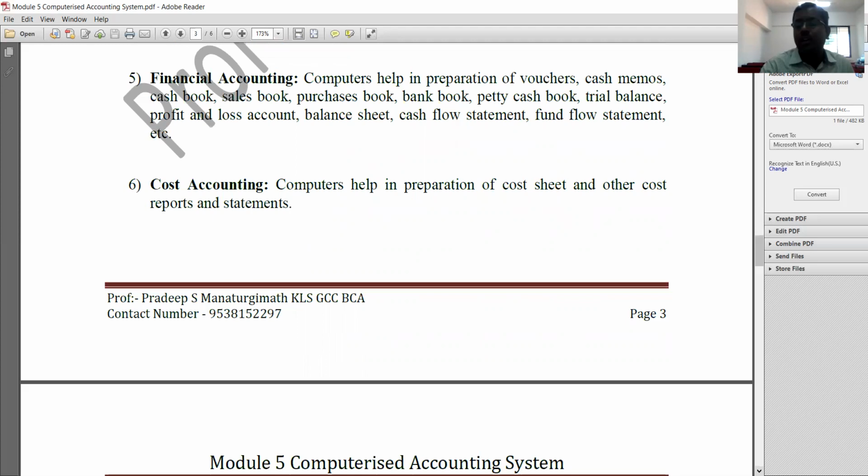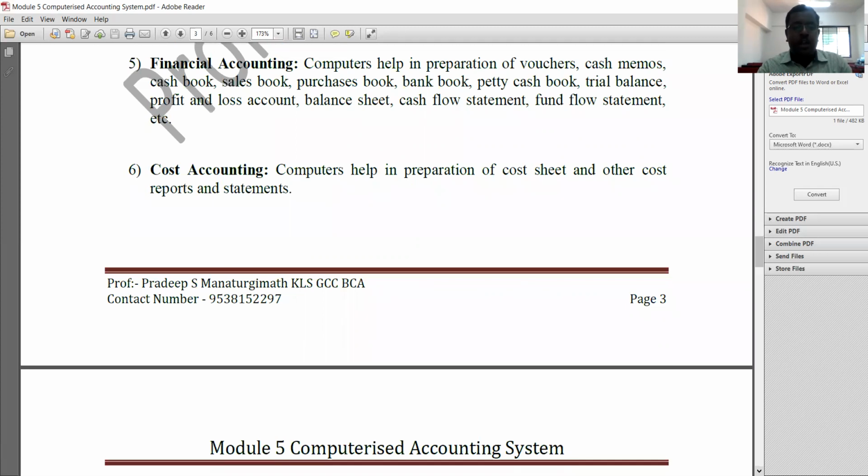These are all part of financial accounting. So in order to execute the functions of financial accounting, such as preparing the sales book, purchases returns book, sales returns book, and cash book, that is the simple cash book and analytical petty cash book, you can use computers in financial accounting to maintain all these books of accounts.